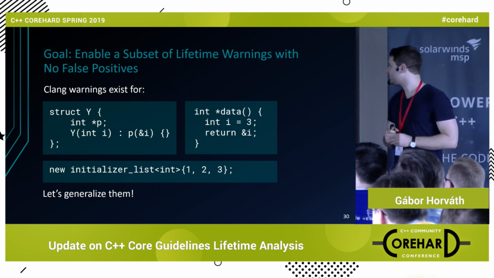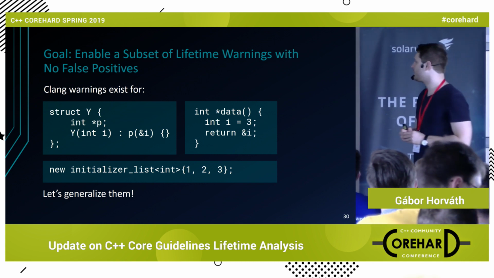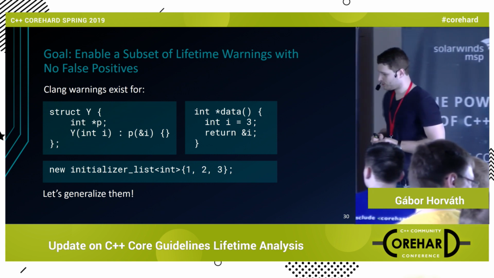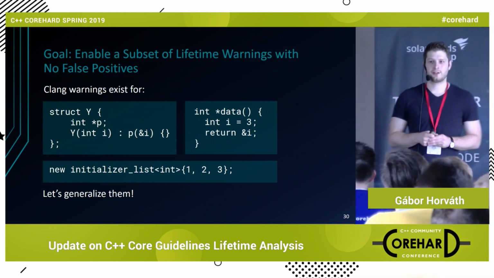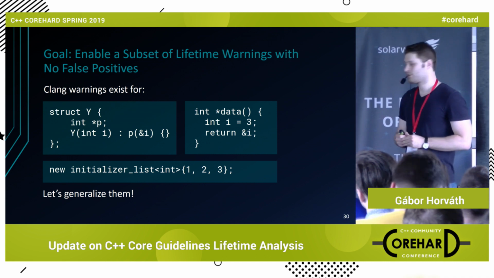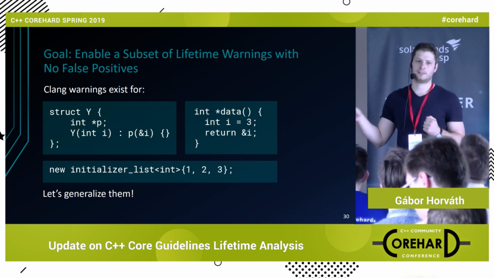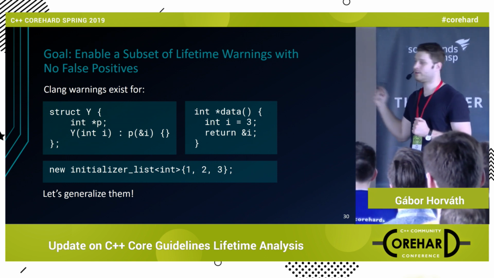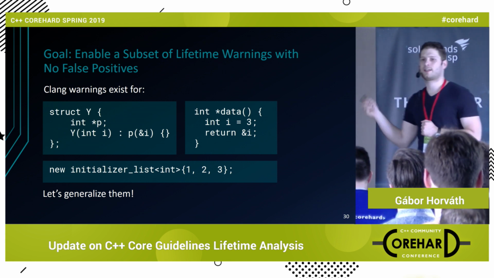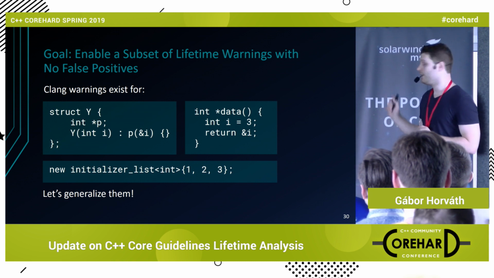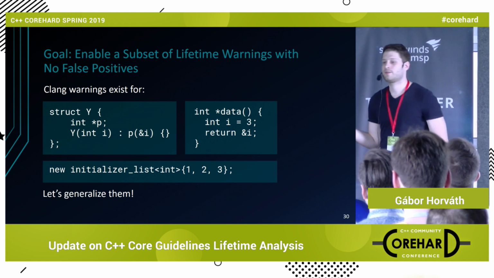And in the next example, we return the address of a local variable. And in the last example, we have an initializer list allocated on the heap. And this will also dangle because the initializer list does not own its memory. So what will happen in this case, the compiler will synthesize a temporary array, and the initializer list will refer to this temporary array, but this temporary array will be destroyed at the end of the full expression, so the initializer list will dangle.